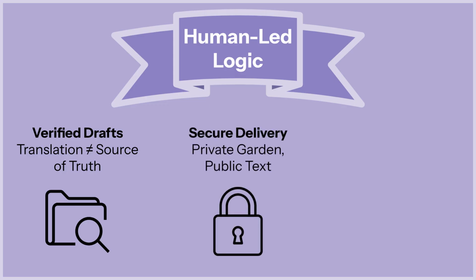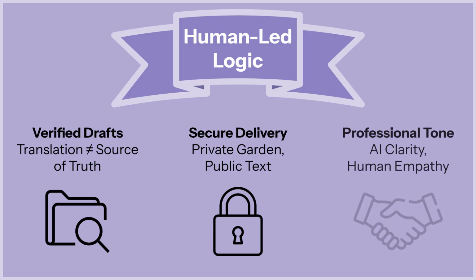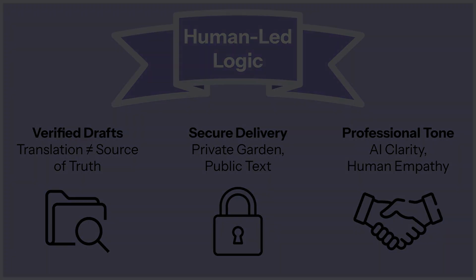Never share your internal notebook link. Keep your walled garden private and simply copy the text into your school newsletter or website. And finally, pillar 3, professional tone. The AI provides the clarity, but you provide the empathy. Ensure the final version reflects your school's unique voice and professional standards.